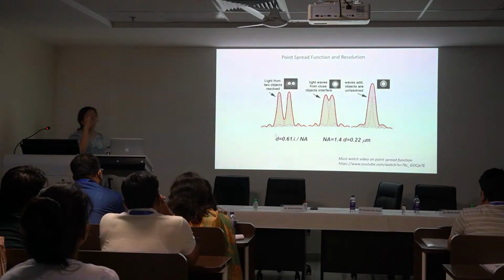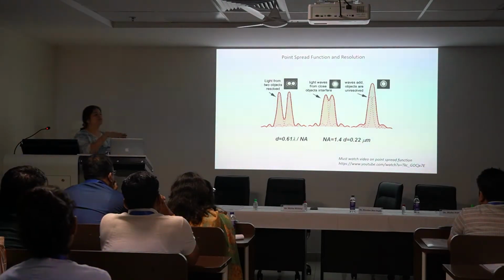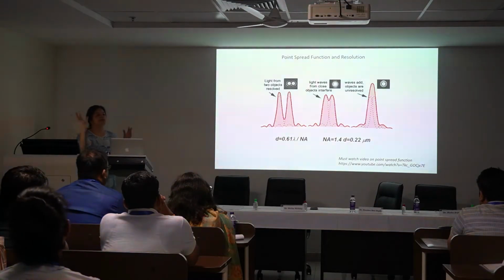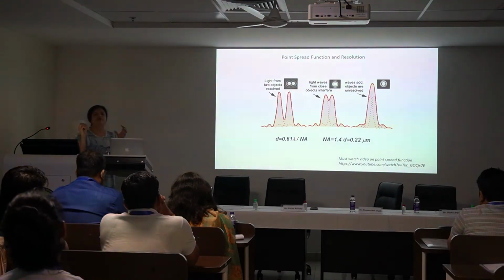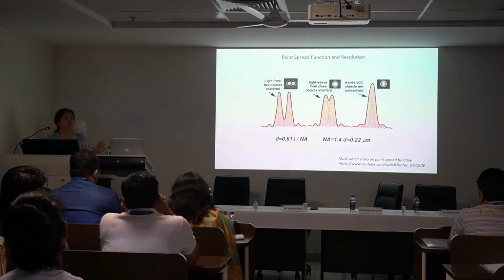So basically, every particular bead, right? Imagine this as a bead which is let's say 100 nanometers in size. Everything which is less than 200 nanometers in size is still going to appear as 200 or 250 nanometers in size, depending upon the resolution of the microscope, right?